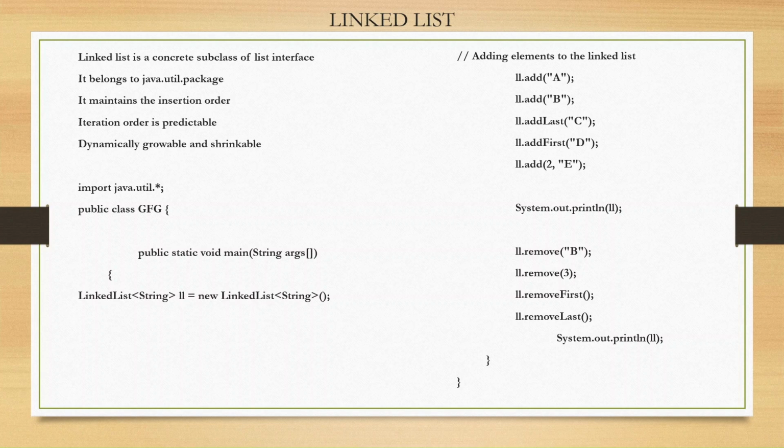As we know, linked lists have left and right branches, and you can see the given program wherein we store all the elements using the linked list add function, and we store the nodes as a, b, c, d, e, and we can print out all the linked list elements using System.out.println(ll). That is our linked list, and the ll.remove function is used to remove the elements from the list, and we can also use functions such as removeFirst and removeLast to remove the first and last element from the linked list.